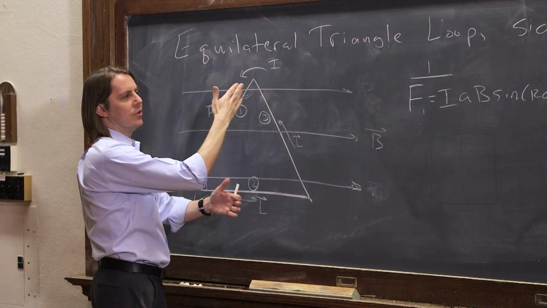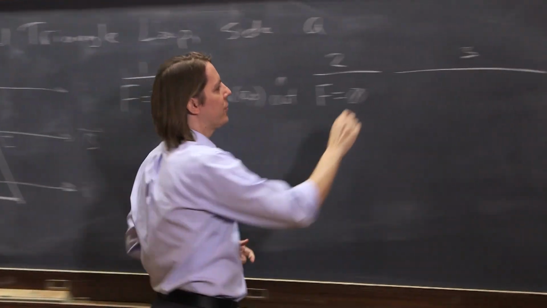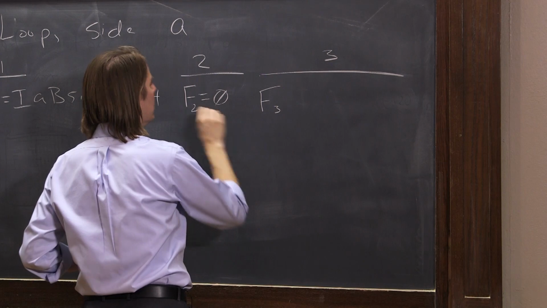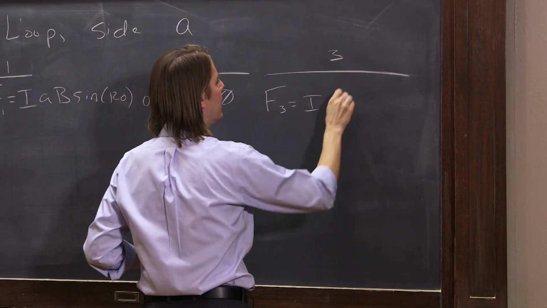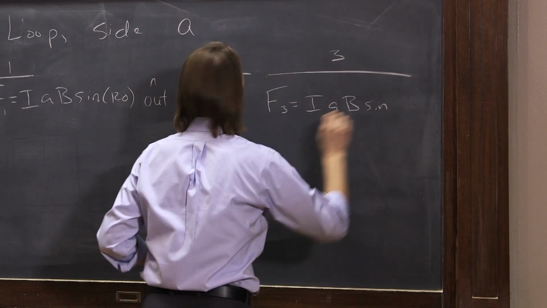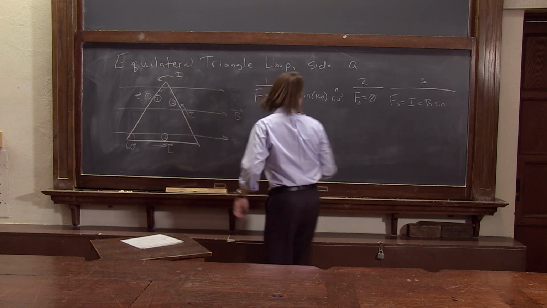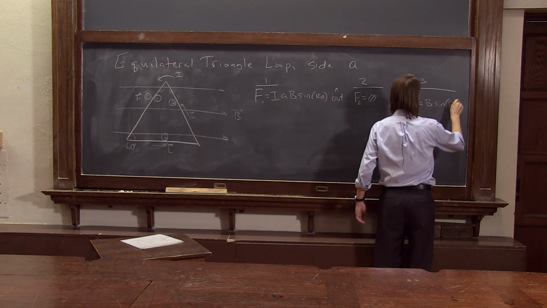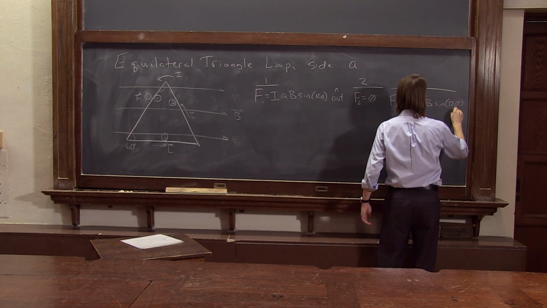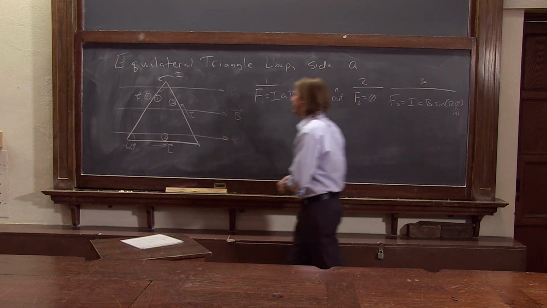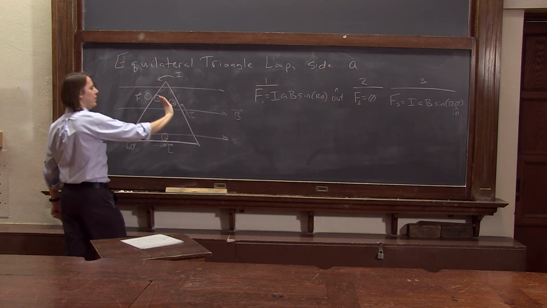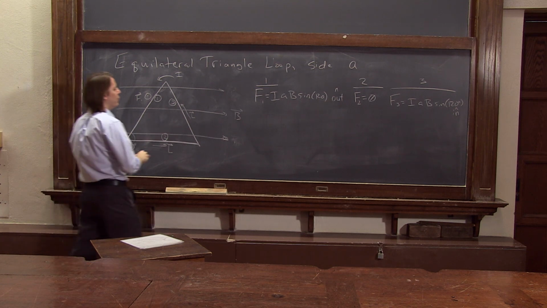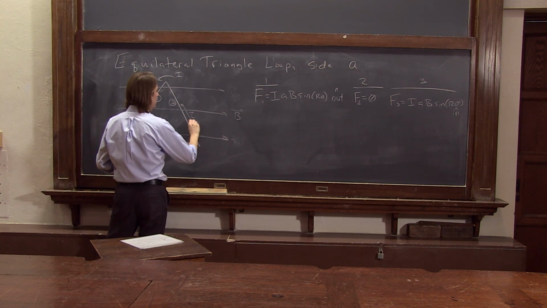Its magnitude is also A. So the force 3 is I A B sine, the same angle between them, 120 degrees. And its direction, though, is in, right? Because if we have L cross B, the force 3 is in.